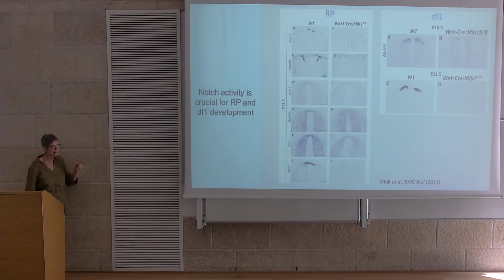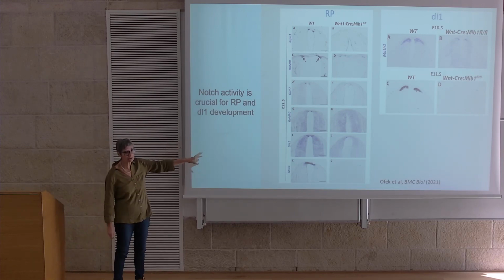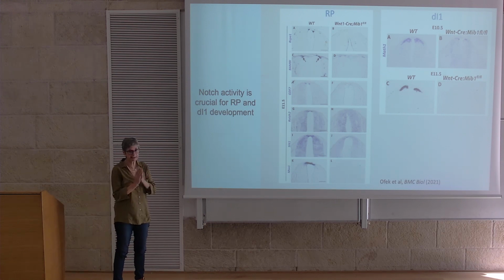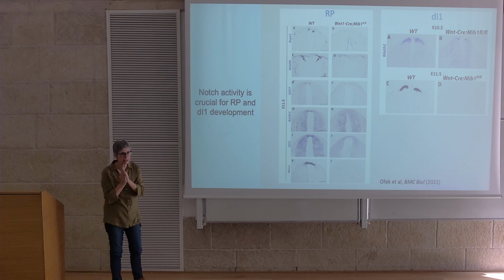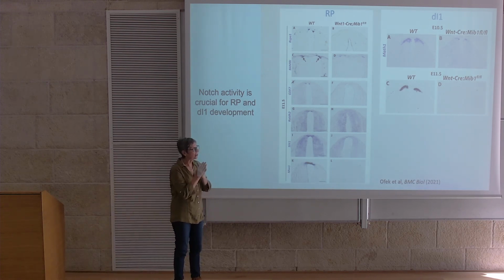And here comes the slide I meant to tell you before. This is mouse work together with Quentin Schwartz in Adelaide. And what we did here, so we begin the parenthesis with a new signaling system for a second. We found in this work that the formation of the roof plate and of DI1 interneurons depends on Notch signaling.